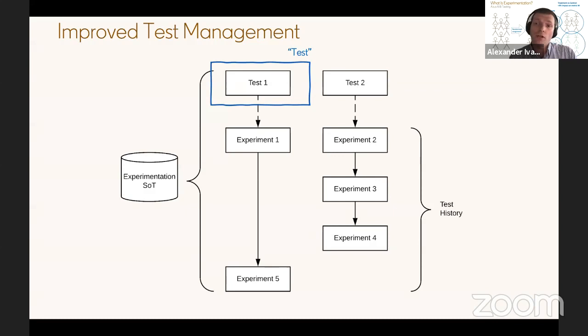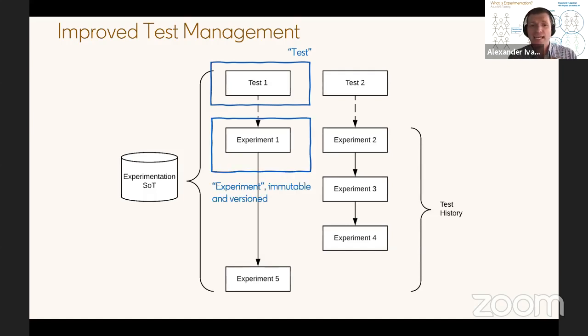So first of all, an entity called test was created, and a test is a representation of a feature release process, starting from the point when the feature is shown to no one, or basically to 0% of the population, and all the way up to 100% of the population when it's released to everyone. And a test is a series of small ramps when the feature is gradually ramped to a larger percent of the population, and each such ramp is called an experiment.